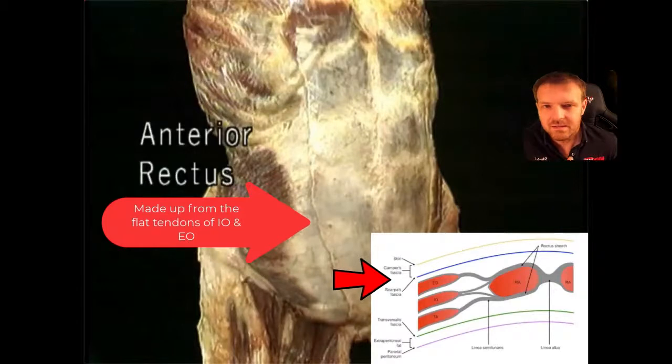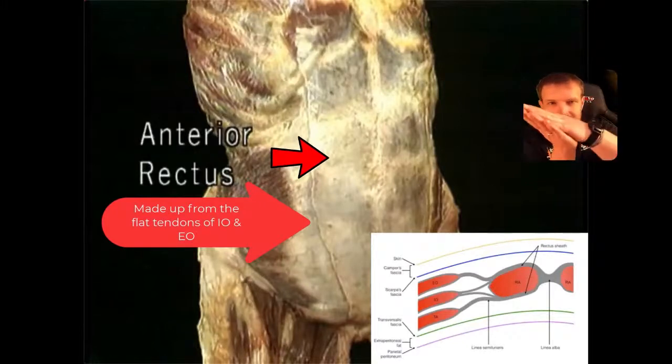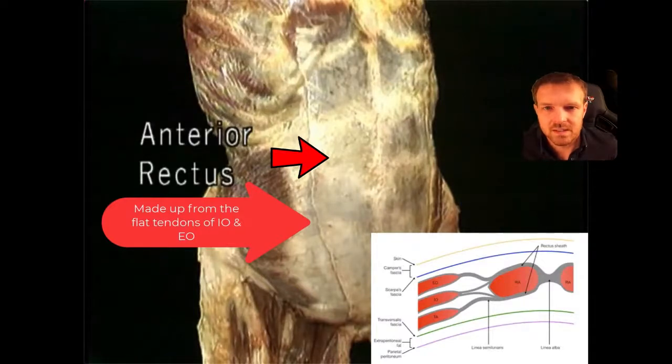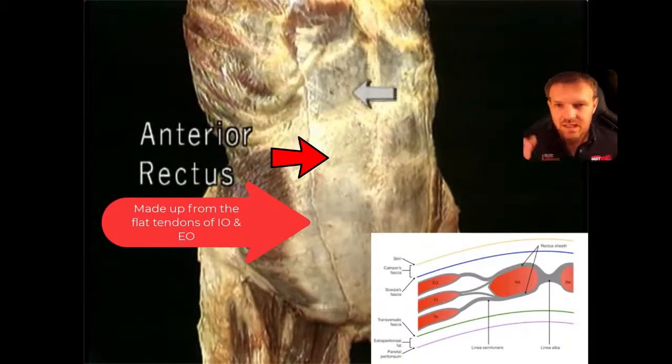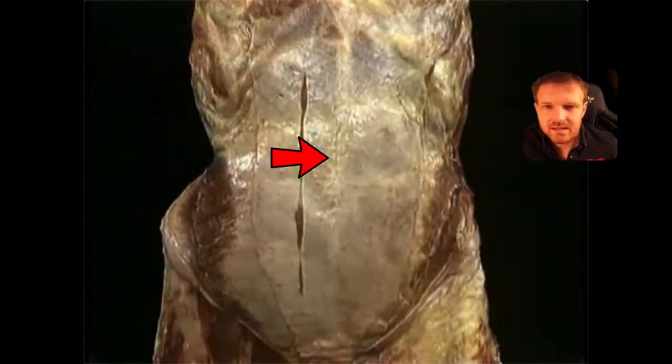It doesn't come underneath. That line there is the cut edge of your external oblique, and that muscle there is your internal oblique. Okay, so they both merge together and go over the top of your rectus abdominis, and they join in the middle. So there's the fascia, you can see there.